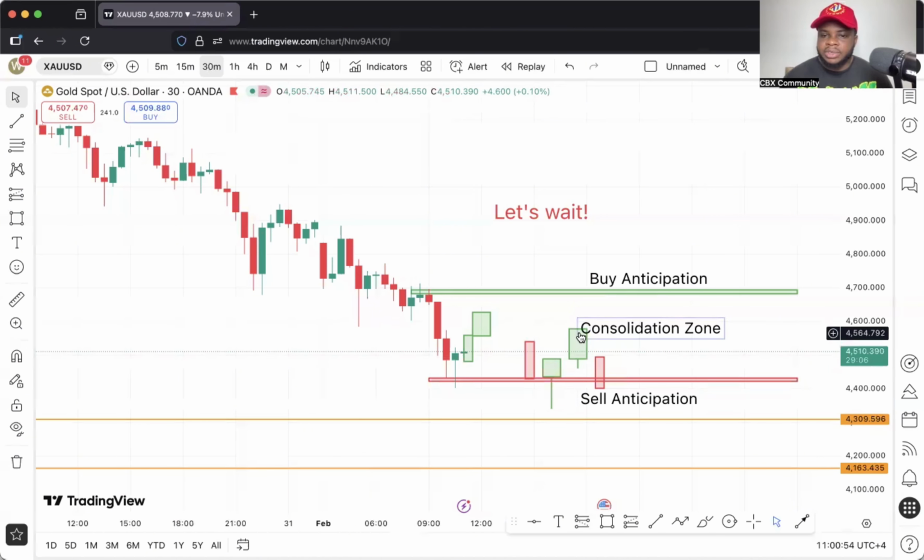Then that means the next candle can choose to close in this consolidation zone, so that from this support zone to this resistance zone is a strong zone in terms of us having a strong support and a strong resistance.